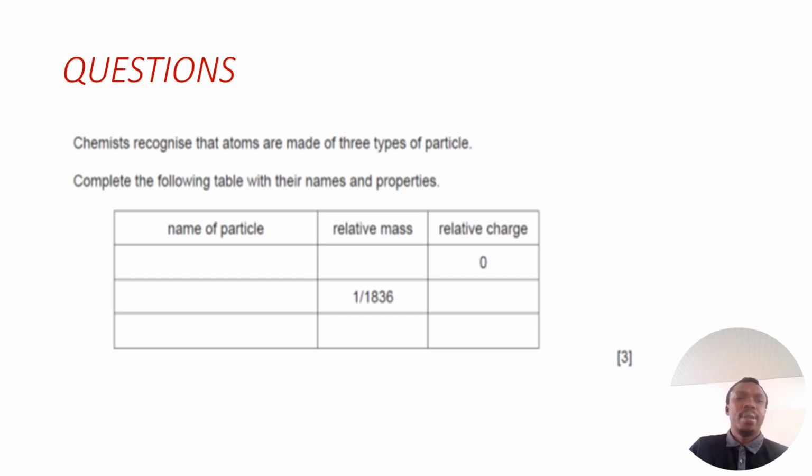Complete the table with their names and properties: name of particle, relative mass, and relative charge. So please, I want you to attempt this question and feel free to reach out to me if you encounter any difficulty. If you have paid attention to the lecture, I believe you'll be able to answer this question. Yeah, you can see it's 3 marks. So please attempt this question.